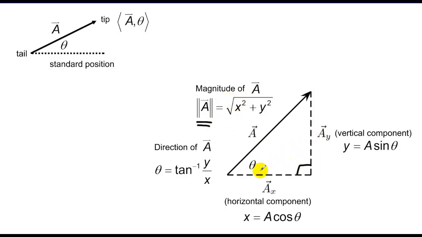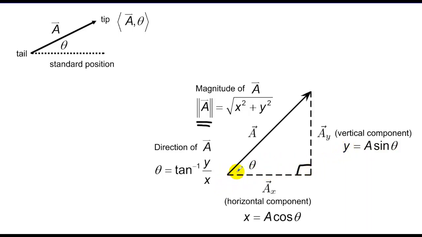We know that the y value of a vector is the same thing as the magnitude times the sine of theta. So r sine theta is equal to y. That's like a conversion from polar to rectangular.